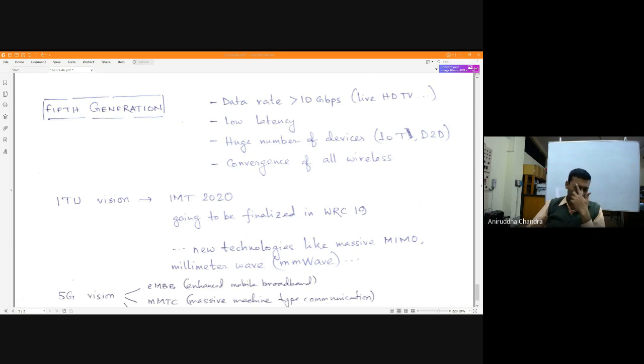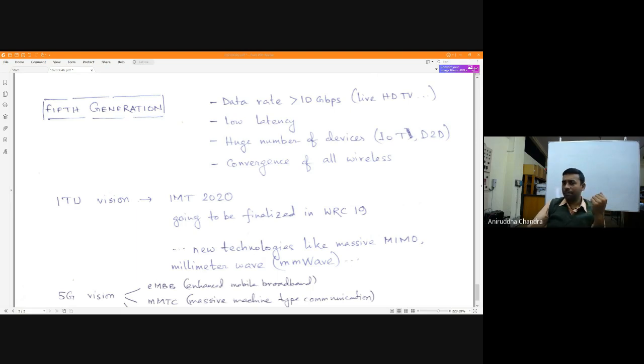Those hologram kind of things are already there, but they require a huge amount of data rate. That is probably possible with 5G, and many other such things. So it is like a complete telepresence. Although I'm not here, I can be almost present in some other place with the help of 5G. So they're thinking about those kinds of applications.